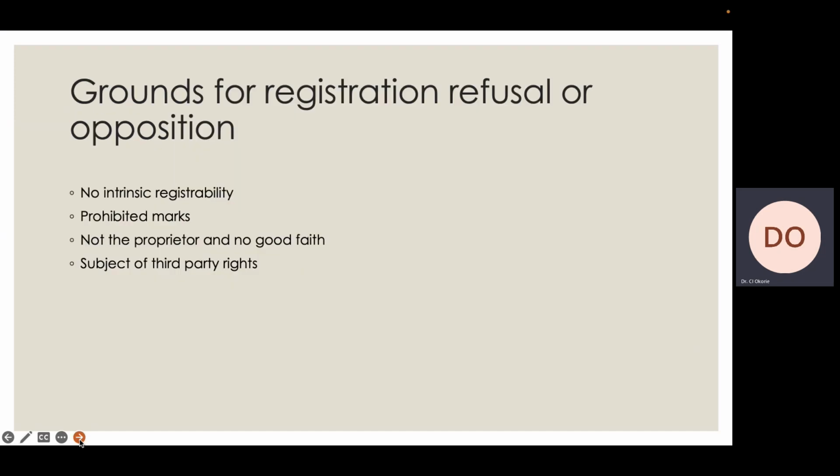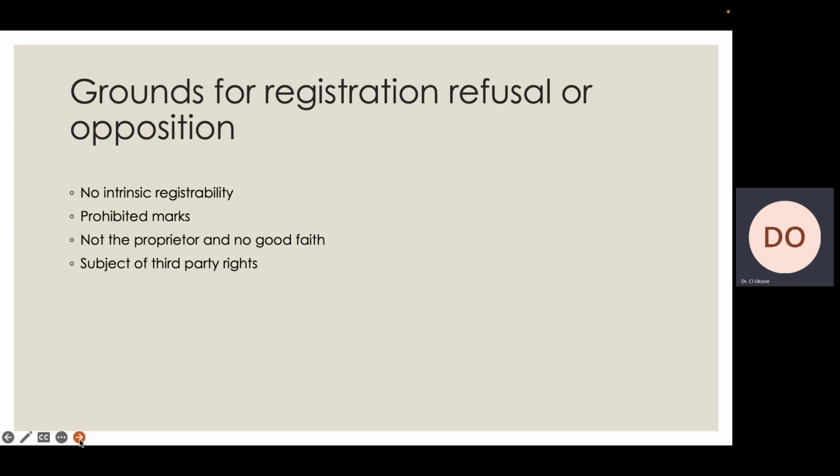So the grounds for refusing the registration of a trademark or opposing the registration of a trademark in the case of South Africa, you can actually house them under 4 broad categories.